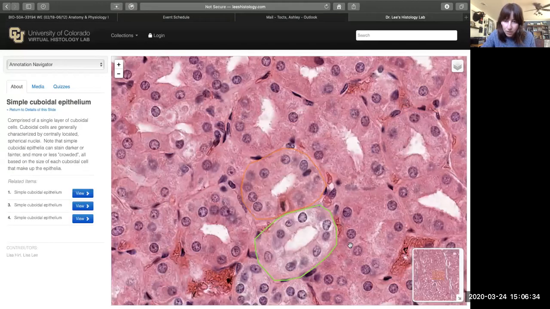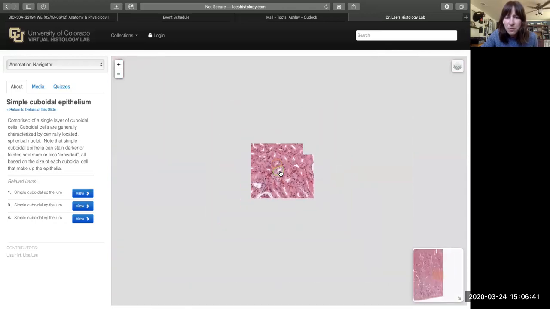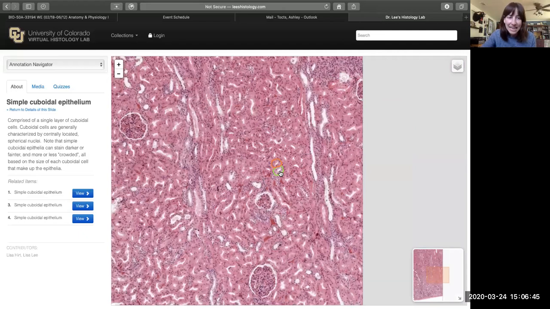There we go. All right, so here we go. Simple cuboidal epithelium labeled here. So in this big old cross-section of a chunk of kidney, if you just take a slice of kidney, you've got the glomeruli, which are of course those Bowman's capsules, where all the capillaries are congregated so that the simple squamous epithelium that's lining it can allow water or toxins or whatever to diffuse out of the blood and into the structure of the kidney.